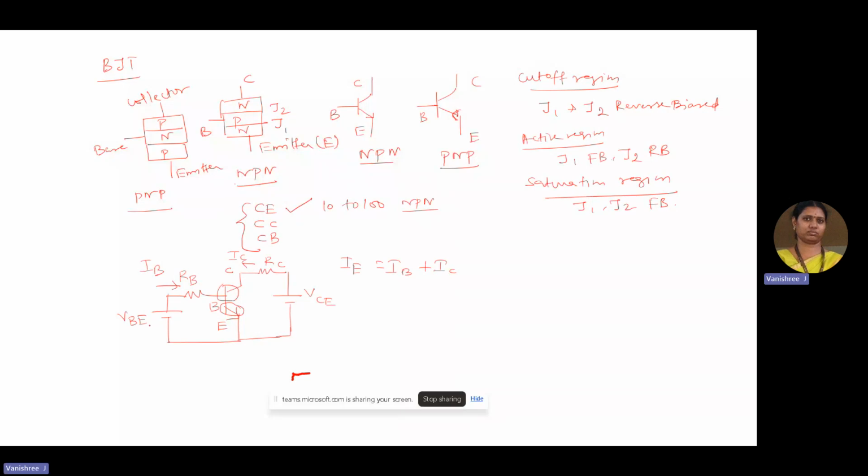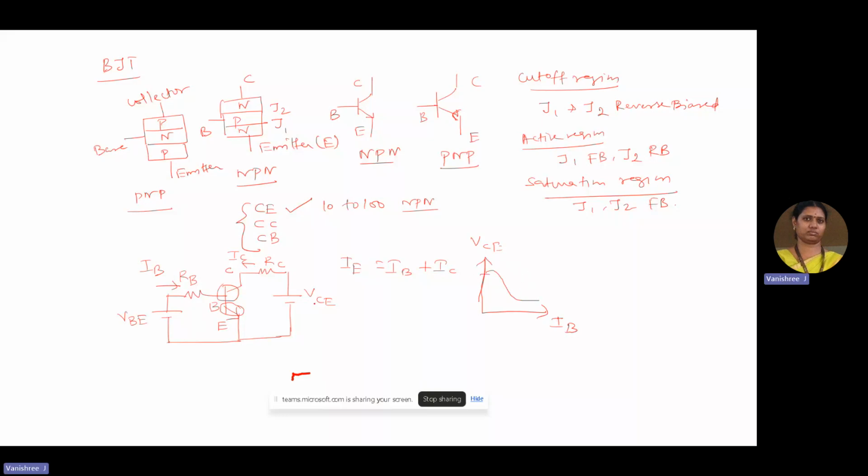So initially, the magnitude of voltage applied across VBE is not sufficient to overcome the barrier potential across J1. Thereby, the base current is very less. So if the characteristic graph is drawn between the base current and the VCE, we can see how it exists.